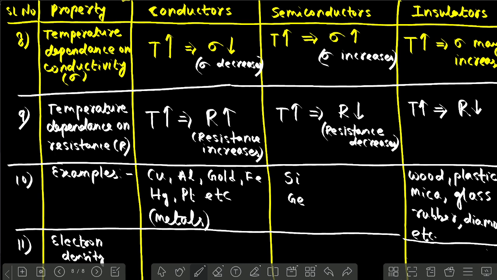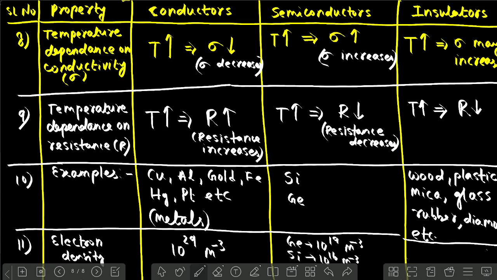In a conductor it is of the order of 10 to the power 29 electrons per meter cubed. For germanium you can get around 10 to the power 19 per meter cubed, and for silicon the electron density is 10 to the power 16 per meter cubed. So keep this idea in mind.